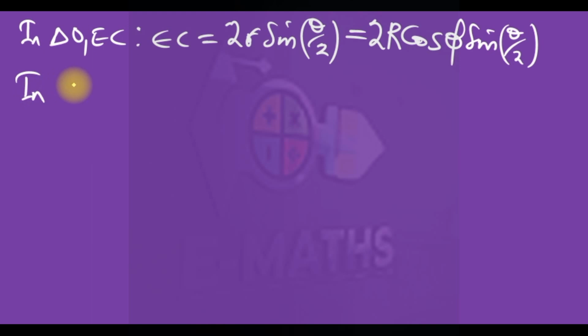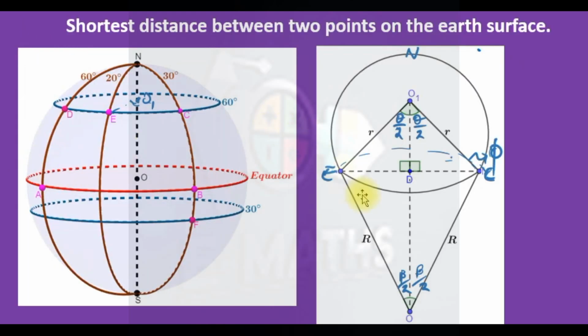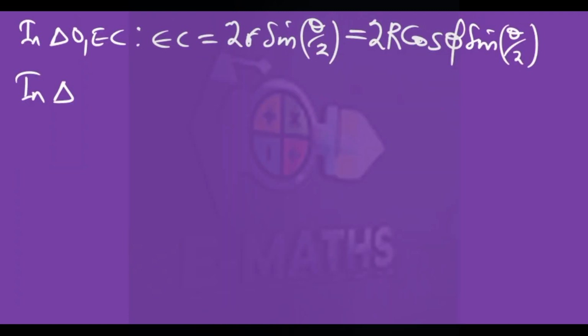If we come to the other triangle, the bigger one, triangle OEC, we can still get the length of chord because it's a chord. See our arc here now, the chord EC.